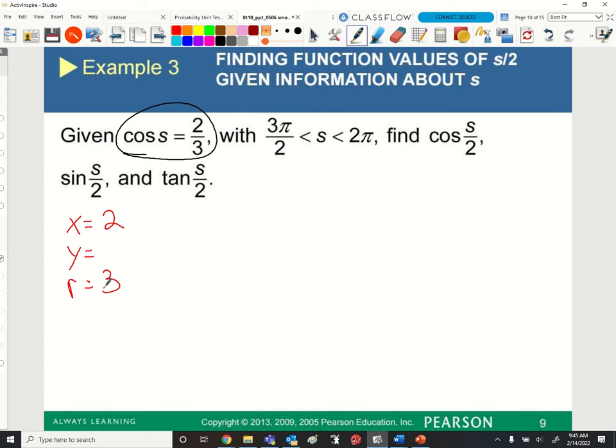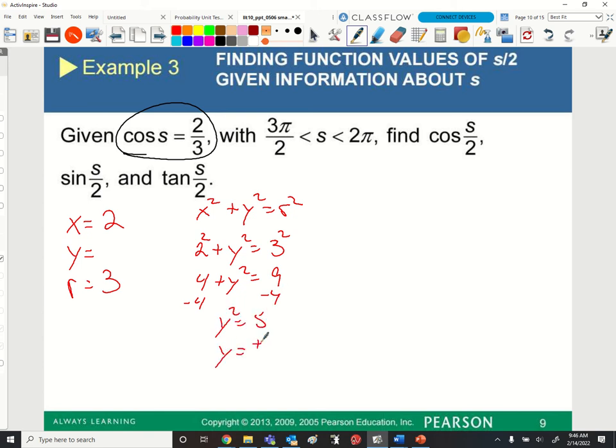Looking at this, let's use the Pythagorean theorem to find my missing y value, which is x squared plus y squared equals r squared. So I have 2 squared plus y squared equals 3 squared. 4 plus y squared is 9. Subtract 4, y squared is 5.